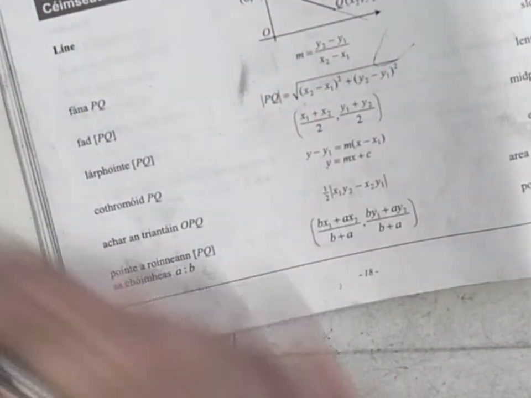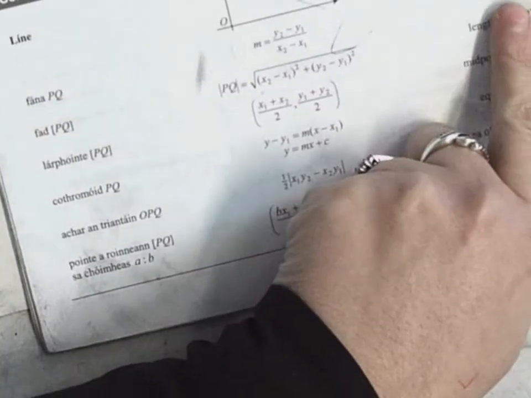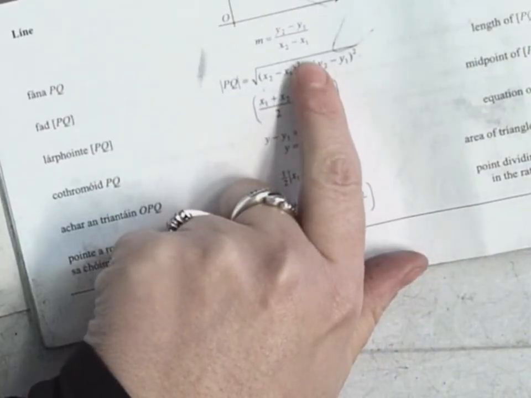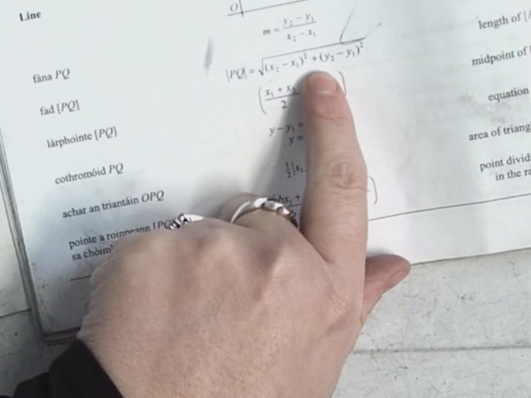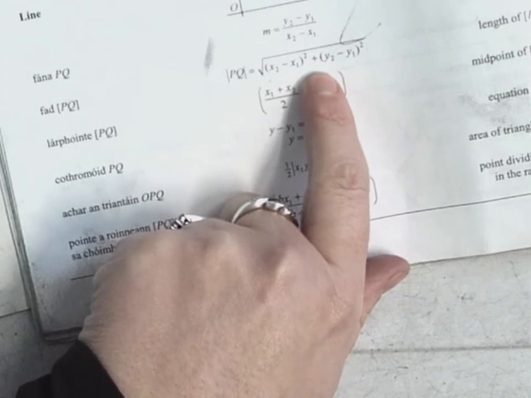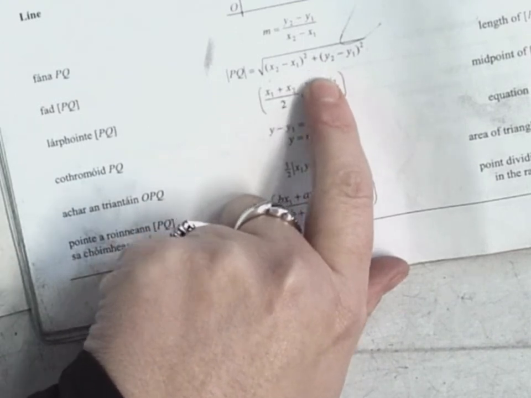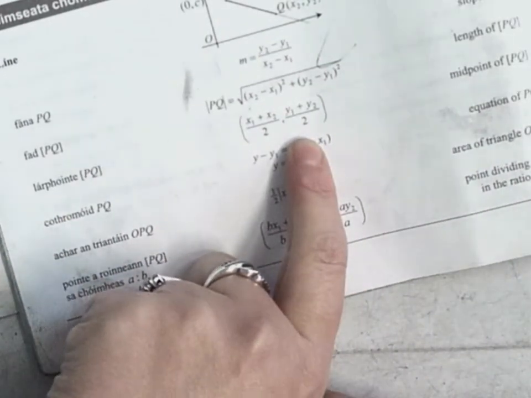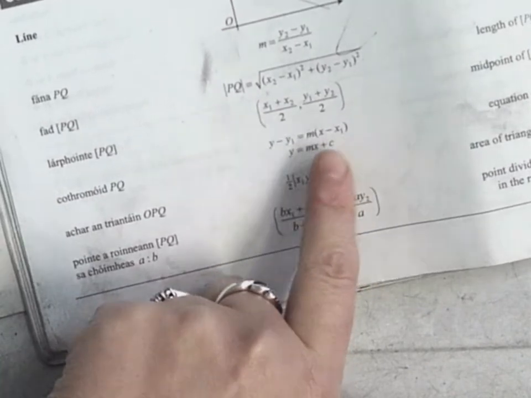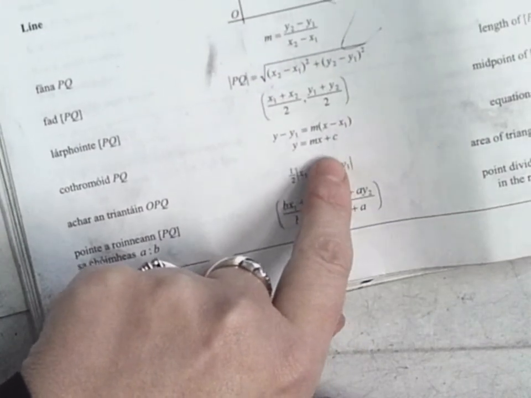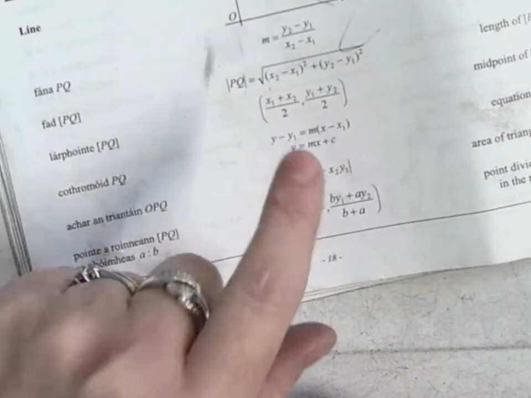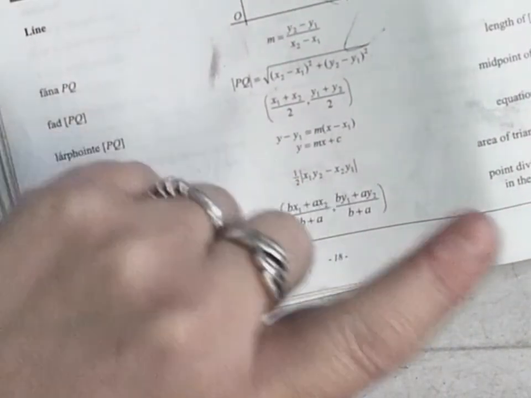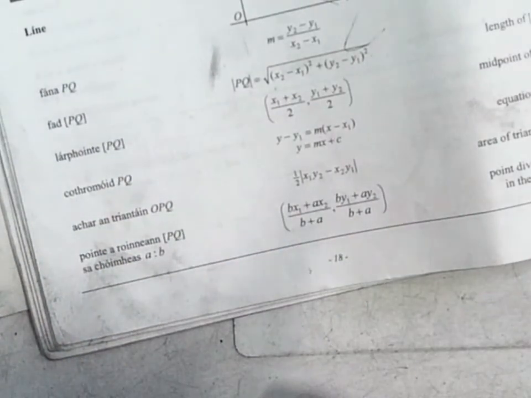Right, so I'm not going to waste time now filling out straightforward formulas because I'm pretty confident everyone can fill out the slope formula. Would that be right? Okay, can you all fill out the distance formula? Right, midpoint formula, you're all okay with that? Right, okay. Equation of the line, I'll do one of those in a minute. And also getting the slope when you're given the equation, I'll get on to that because that's the bit loads of people struggle with, and I'll revise the area of a triangle formula because that's new this year.